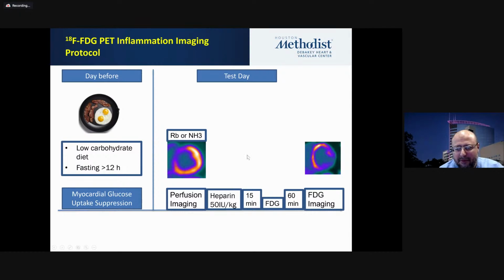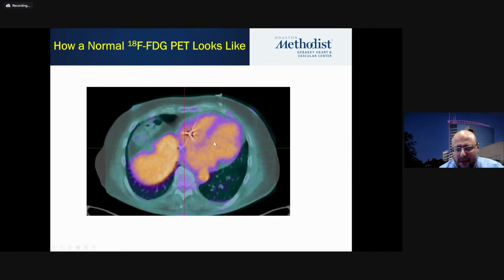These are the typical examples that we get when we do this imaging. I'll start with the normal pattern. When we inject the FDG and there is complete suppression of the myocardium, you see no FDG uptake in the myocardium, just a negative image of the myocardium, and all the FDG is in the blood, which we call the blood pool.